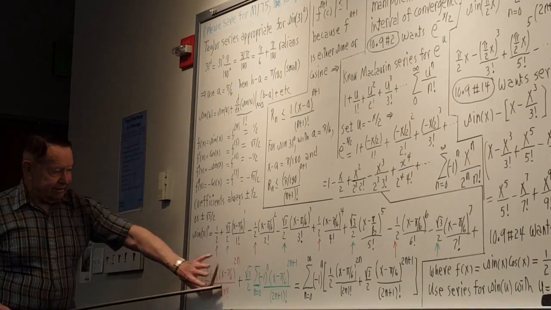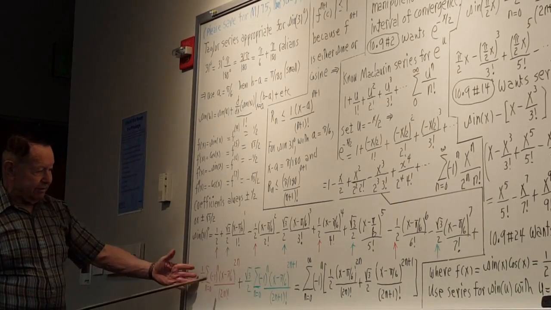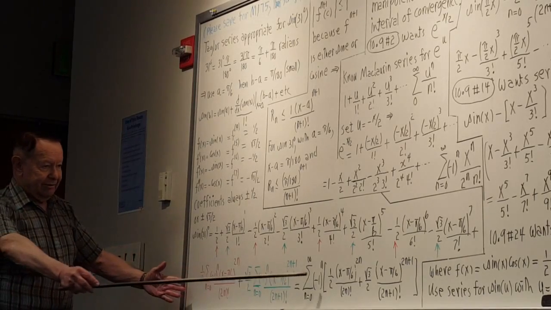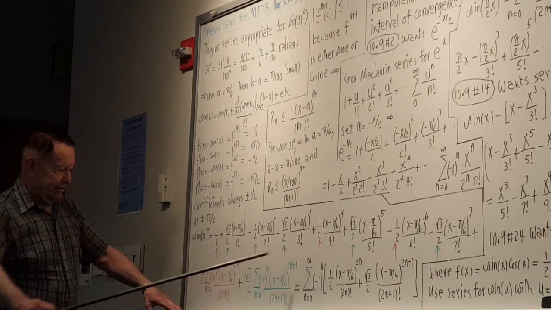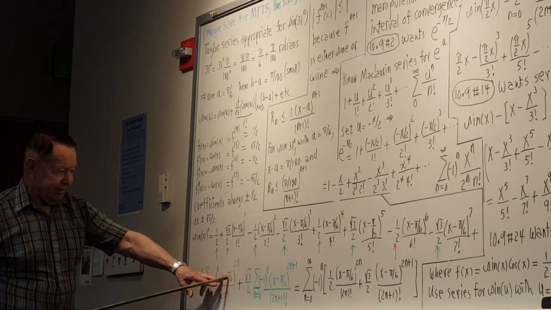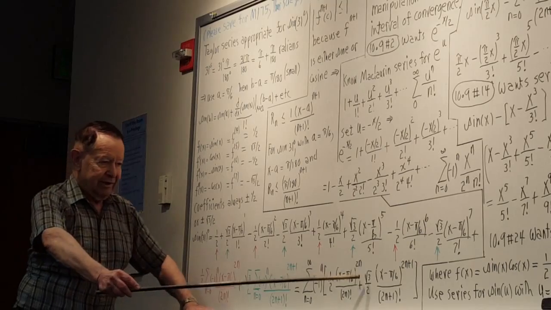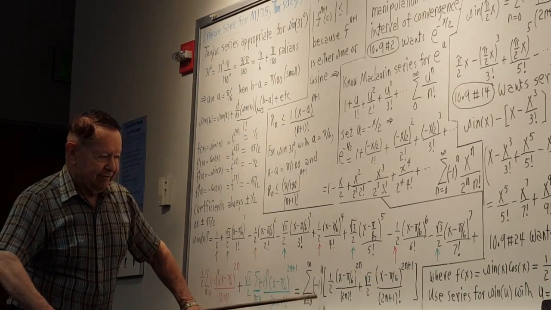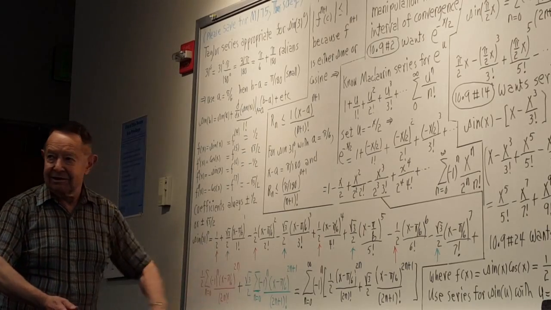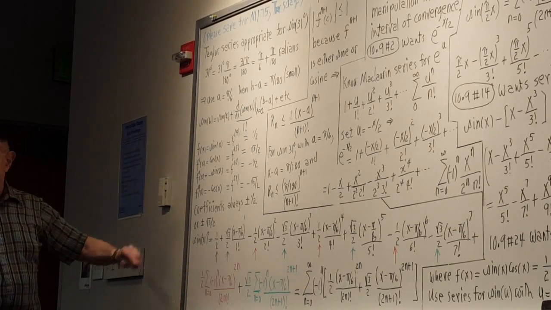So this gets the reds and that gets the greens, and then if you want to combine that, you can have your sign alternator and then the half, with the x minus pi over 6 part, and the root 3 over 2 with the x minus pi over 6 part. So you can finally write it as a single series with summation notation.